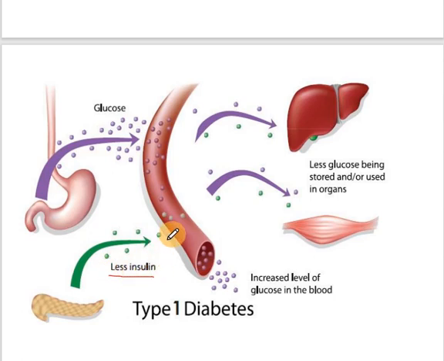So there is still going to be an increased level of glucose in the blood, because there is going to be little or no uptake of glucose by the cells, or by the liver for glycogen synthesis. So there's less glucose being stored or used in the organs when there is little or no insulin produced in type 1 diabetes.